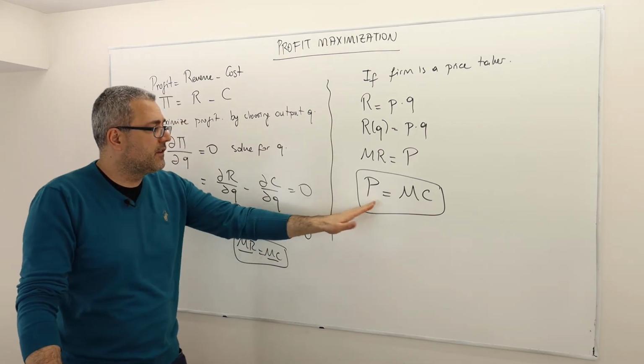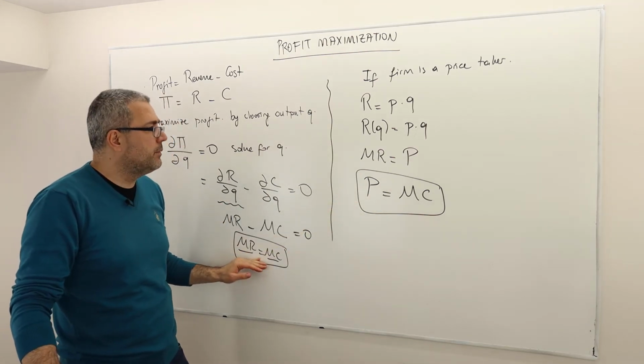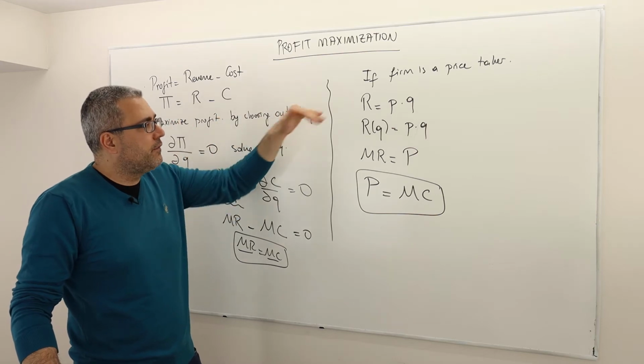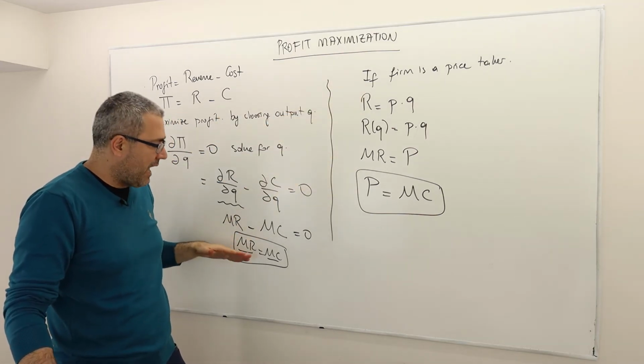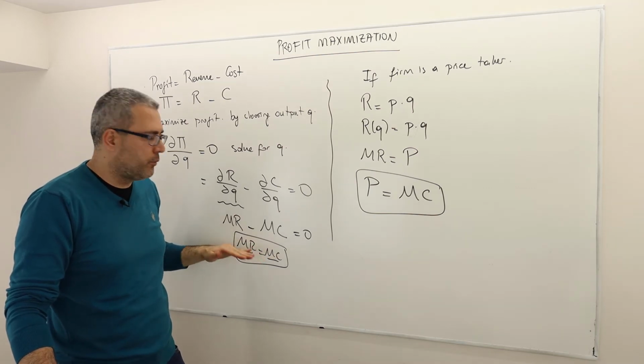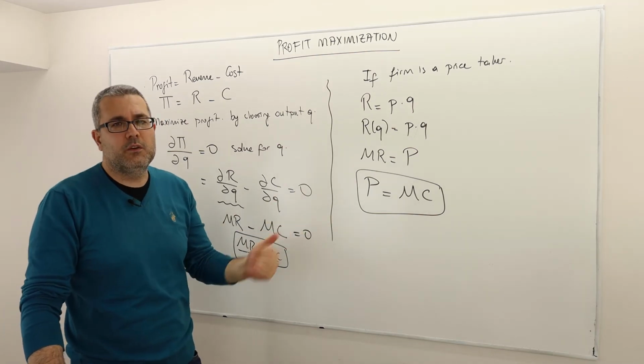All right? But again, this is coming from MR equals MC, because if the firm is a price taker, then MR is nothing but P, and hence, because a profit maximizing firm should satisfy this, P is equal to MC.